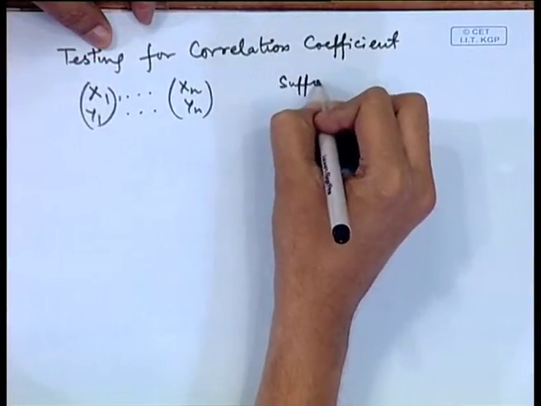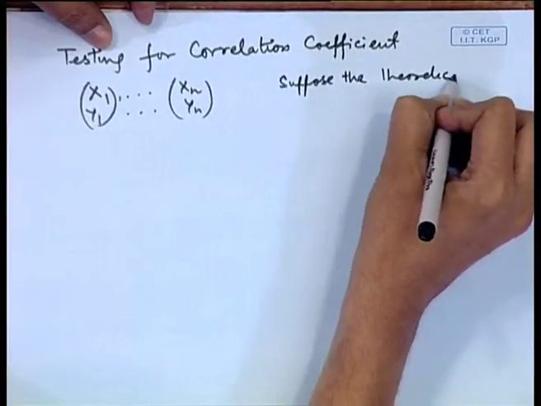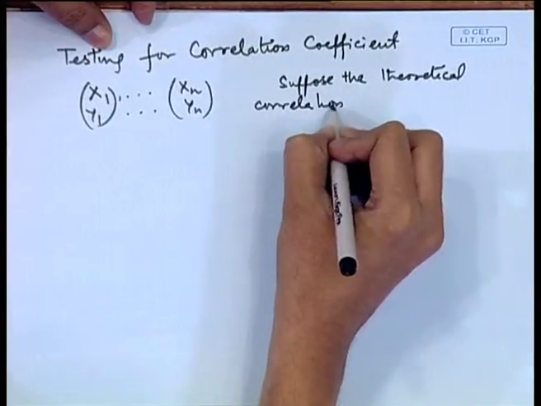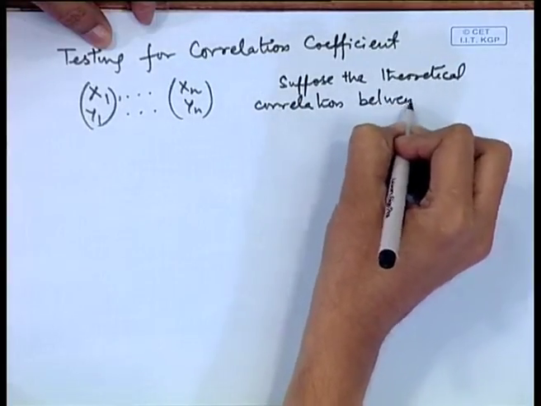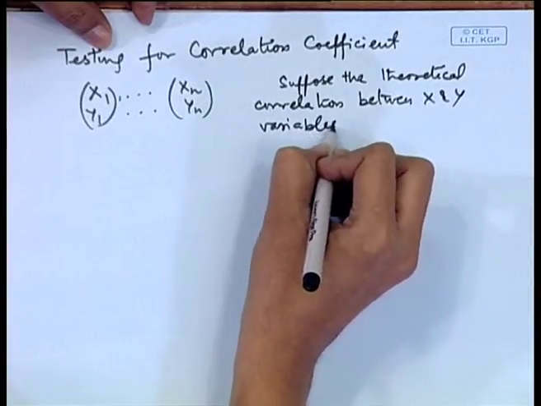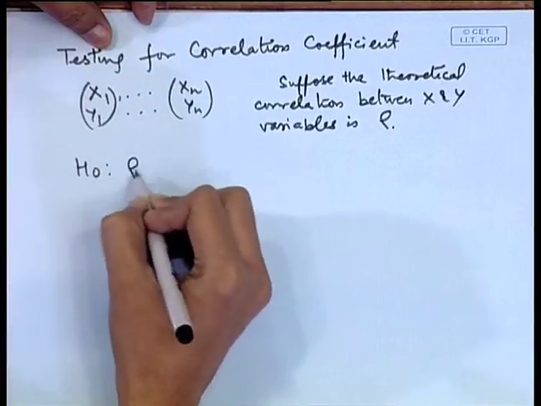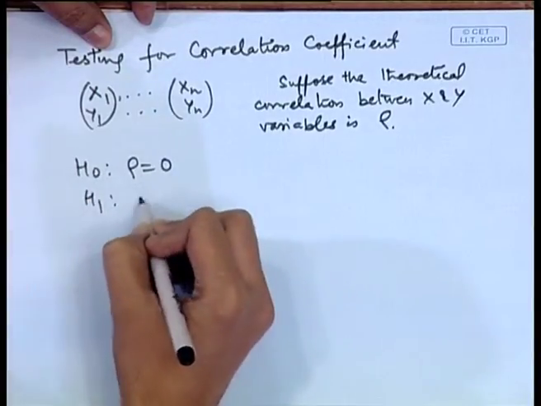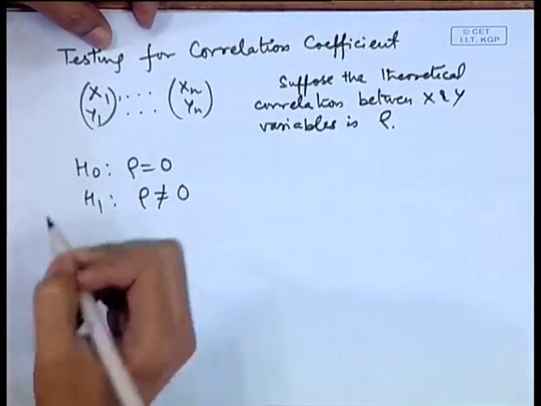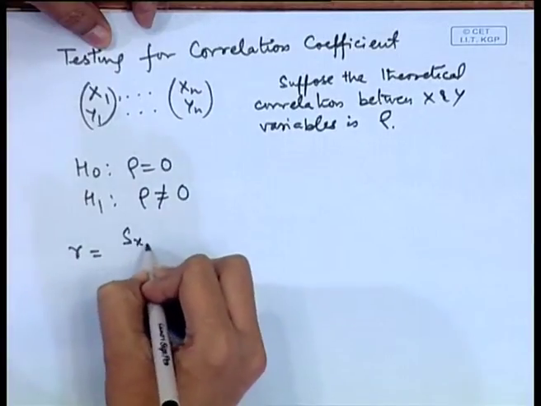Suppose the theoretical correlation between x and y variables is rho. So, we want to test whether rho is equal to 0 against say rho is not equal to 0.